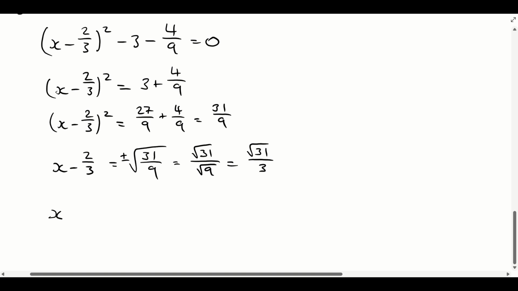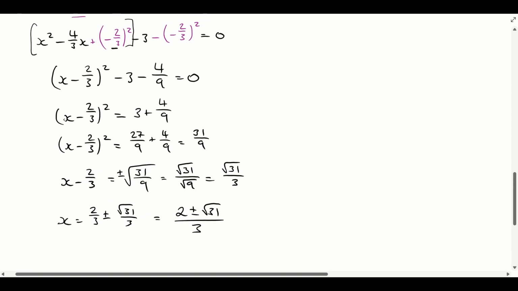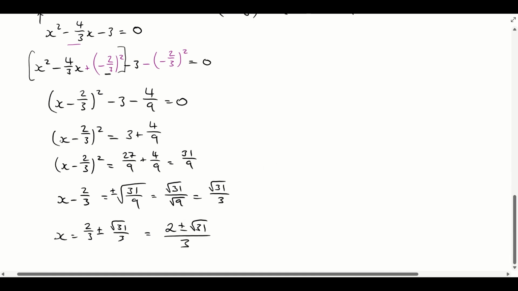So my answer is x is 2/3 plus or minus the square root of 31 divided by 3. And putting that over a common denominator, 2 plus or minus the square root of 31 divided by 3. And that would be my two solutions for how we could potentially solve this equation here.